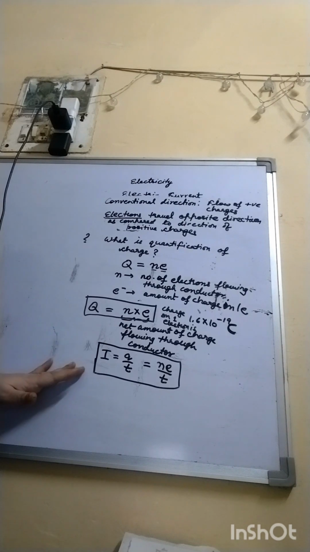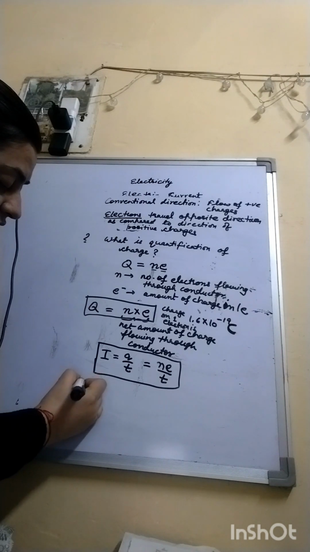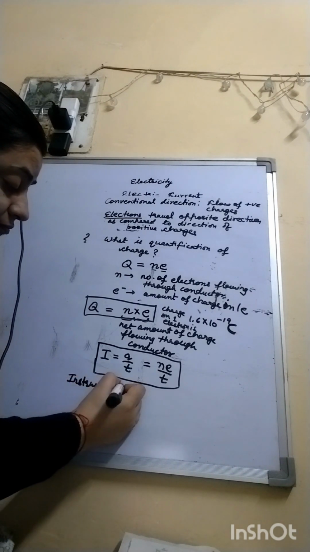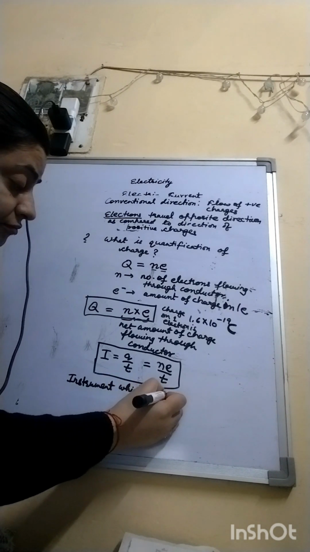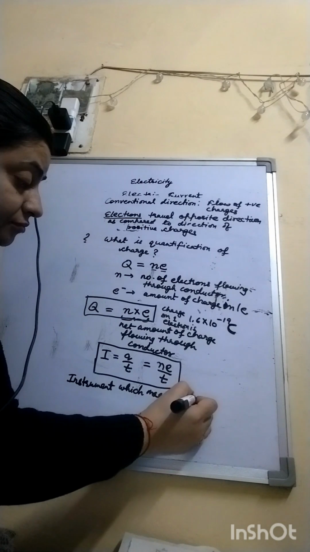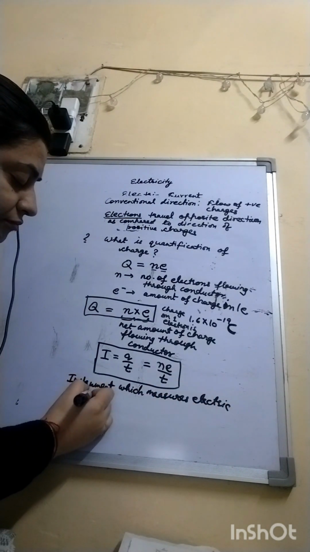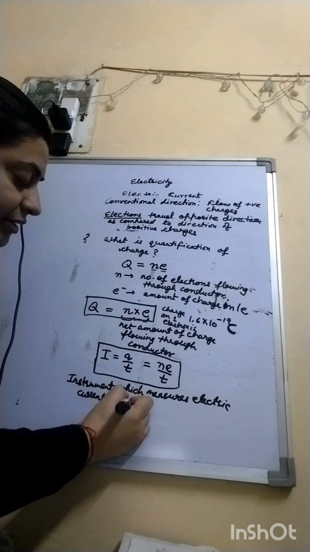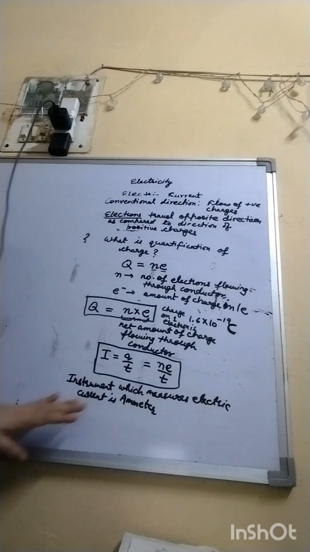So with this, I think we are done with the instrument which measures electric current, which is called an ammeter. At this point of time, you just remember this.